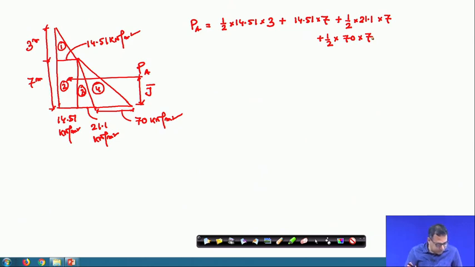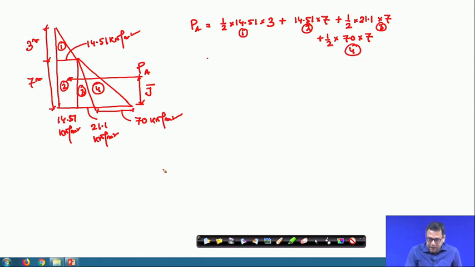So this is for the first case, this for the second one, this for the third one and this for the fourth one. 1, 2, 3 are due to the soil, and the fourth one is due to the water.